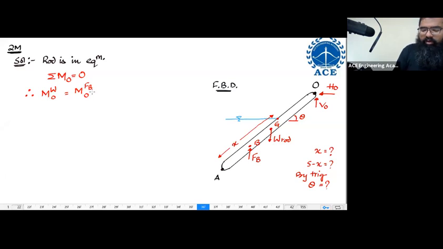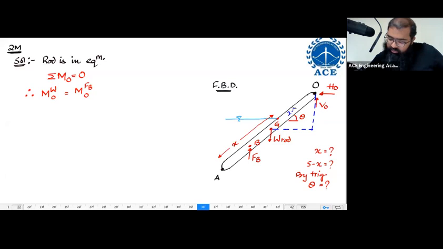So the moment of W about O has to be, in magnitude, equal to the moment of FB about O. Now, what is the moment of W about O? Look over here carefully. This is the lever arm with respect to O. You know that the distance G to O is equal to 2.5 meters.